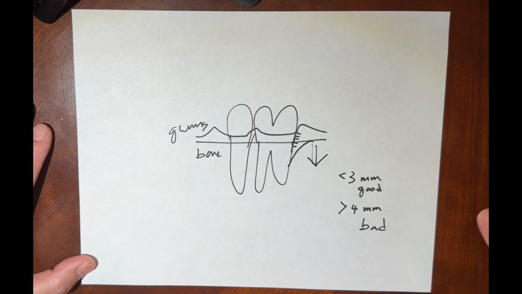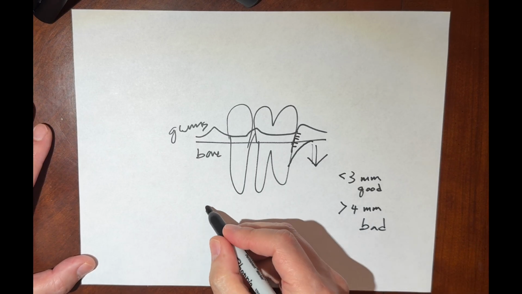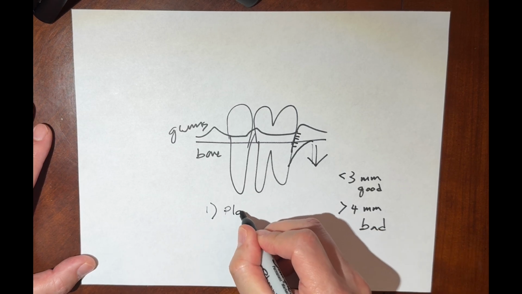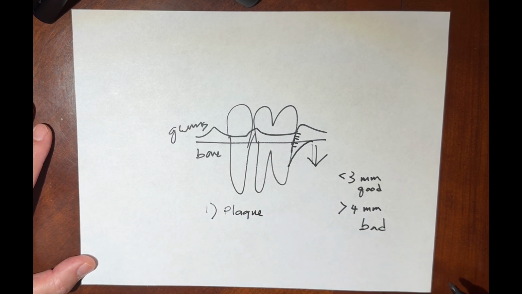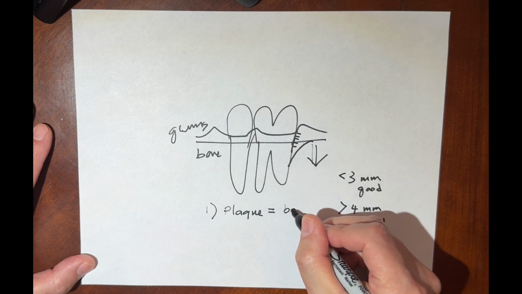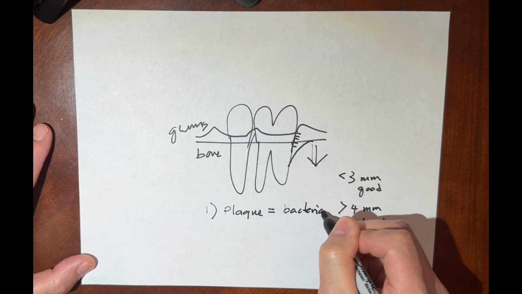Okay? We're going to talk about 3 different factors, but the main one, the primary one, is something called plaque. And I'm sure you've heard of this term, plaque, but do you understand what it means? Some people think it's food or hard substance, but it's nothing more than just the buildup of bacteria. That's all it is.